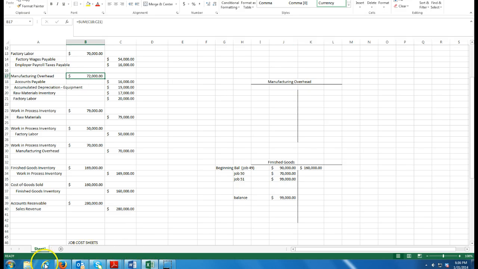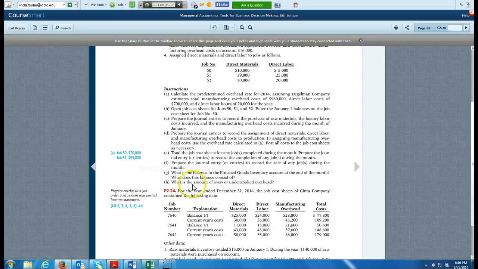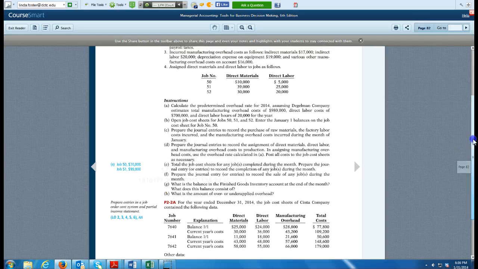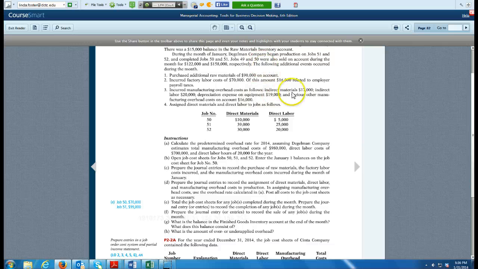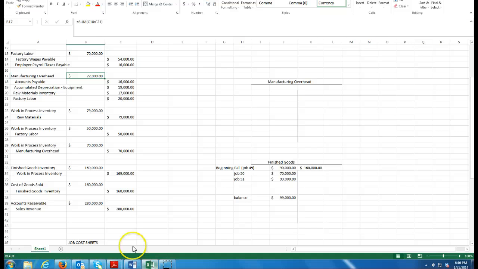Remember that one journal entry that showed where we incurred manufacturing overhead cost of indirect materials 17, indirect labor 20, depreciation 19, and then other cost of 16. We created that journal entry here in manufacturing overhead of $72,000. So we actually showed that debit of $72,000.